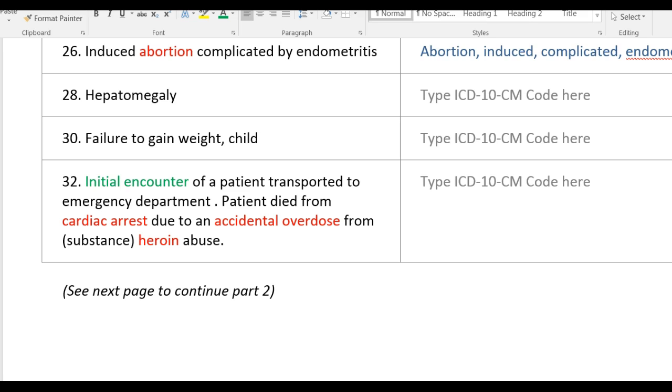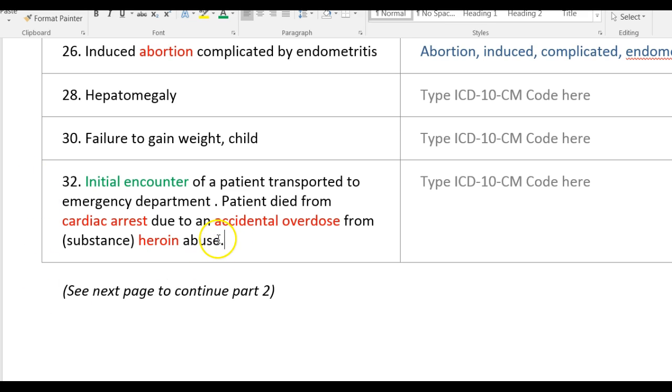So we're going to code from the poisoning column. And then from poisoning, the type of poisoning is accidental or unintentional. And you'll be given a code for that. Basically, abuse, drug, opioid with other opioid-induced disorder. Okay, so you should have the code for that.